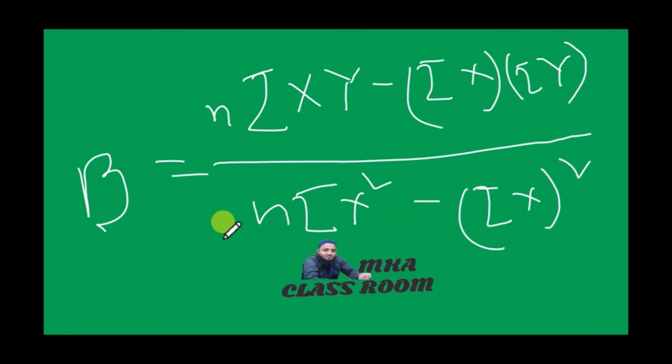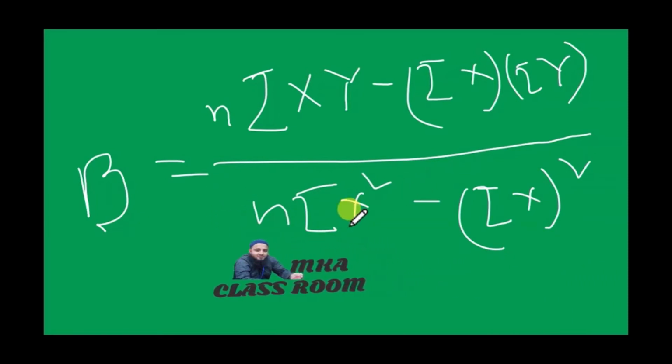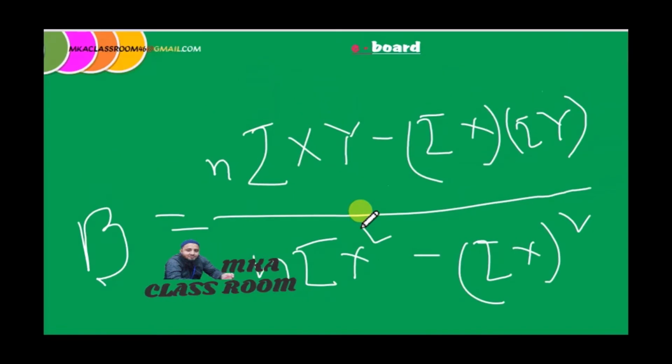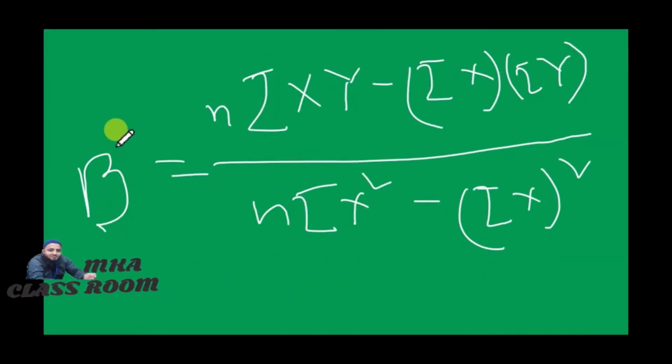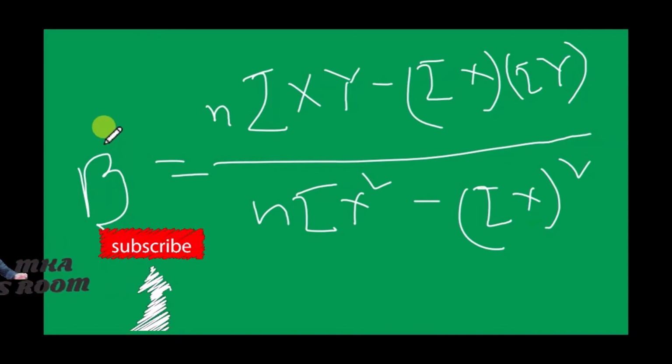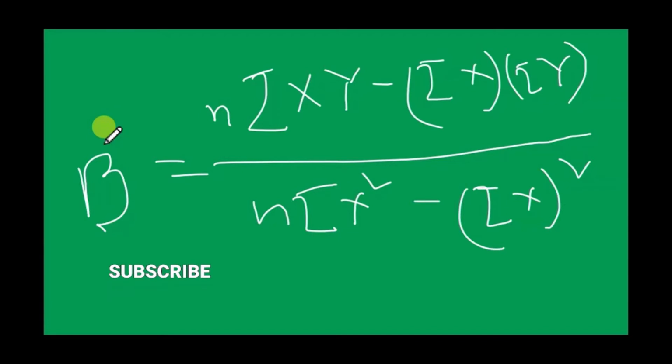There is a formula for calculating beta by the use of the regression method. So you have to have a basic idea of these two methods.